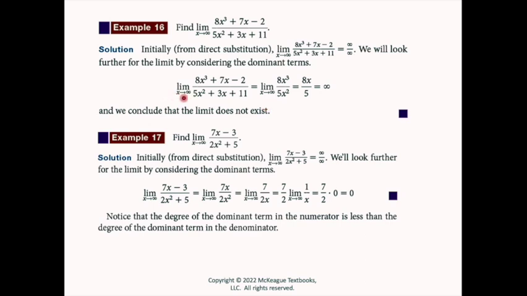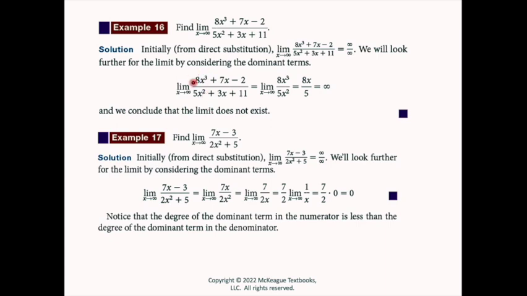And as x gets larger and larger and larger, that makes the numerator grow really fast, which means the overall function is getting really big really fast. So it's going to increase without bound. Now, if you look at this, notice the degree on the top is larger than the degree on the bottom.